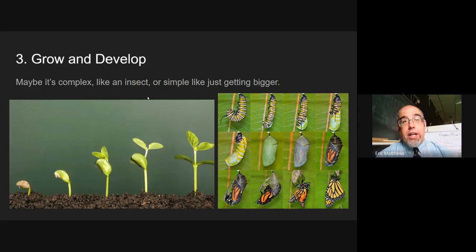On the right, you're seeing the metamorphosis of a monarch caterpillar from its caterpillar to butterfly adult form. And that is unbelievably complex as they spin themselves into a cocoon, literally liquefy, and then rebuild back into their adult shape. Some form of growth and development must take place.